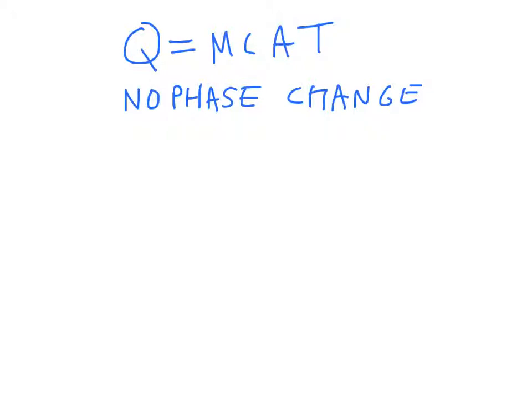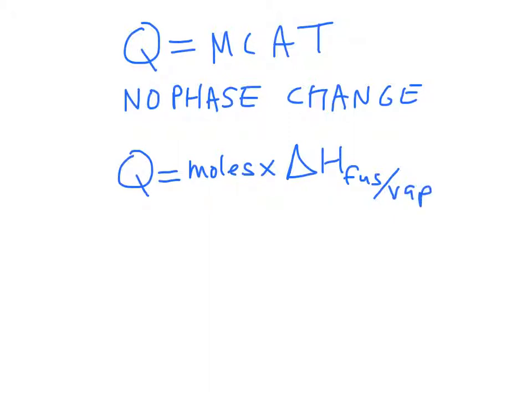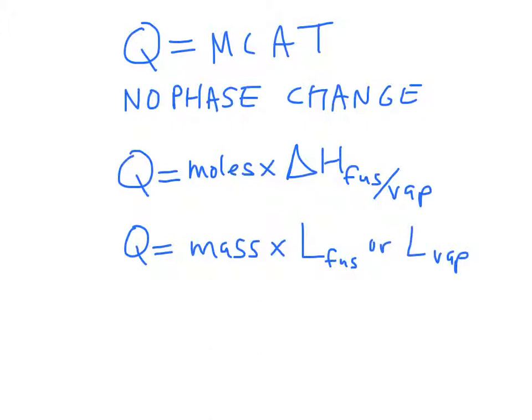The second equation that you haven't seen before is Q equals moles times the heat of fusion or vaporization. At a higher level of chemistry, a lot of times you'll see the second equation written slightly differently. You'll see it as Q equals mass times latent heat of fusion or latent heat of vaporization.